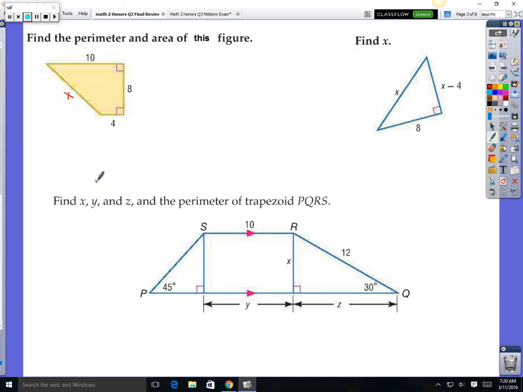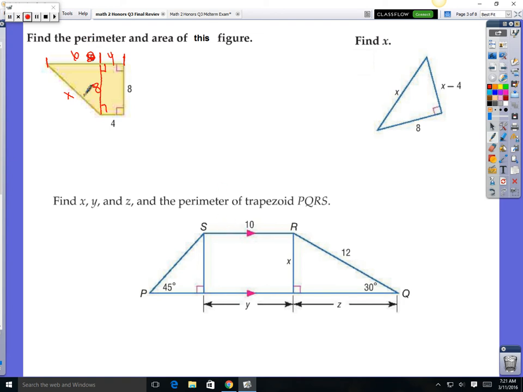And to find that, if I know that's a 90, that's a 90, I'm going to come and make a 90 and a 90. So I got a little rectangle, so it's 4 along the base, 8 tall, 4 along the base, 8 tall. And then from here to here was 10, but if from here to here is 4, that means from here to here is 6.